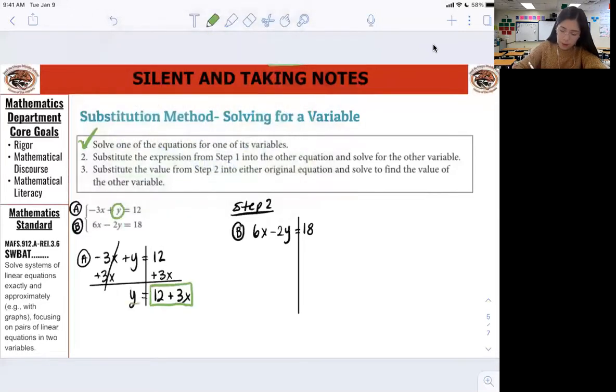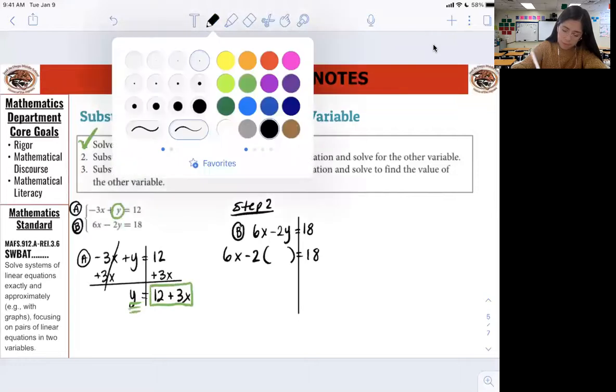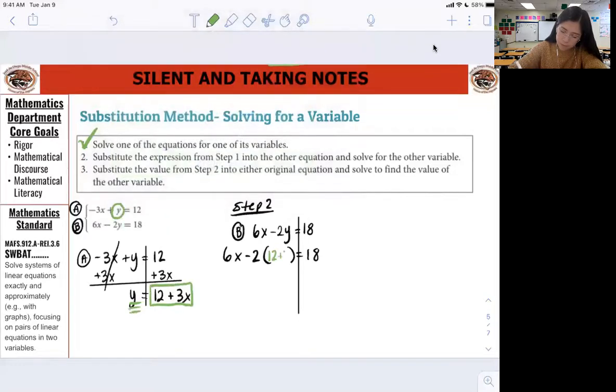Since I solved for y, that's what I'm plugging it in for. And just like the previous examples, my next step is going to be to distribute. I have 6x, then negative 2 times positive 12 will be negative 24, and negative 2 times positive 3 will be negative 6x equals 18.